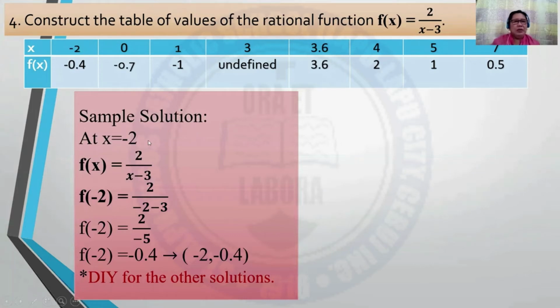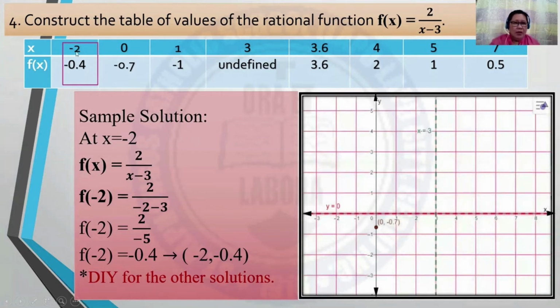At x is equal to -2, so f of -2, using the given rational function, so substitute -2 to x, what you will have is 2 over -5. Change it to decimal form, you have -0.4. So the coordinates, we have -2 and -0.4. So it's here.